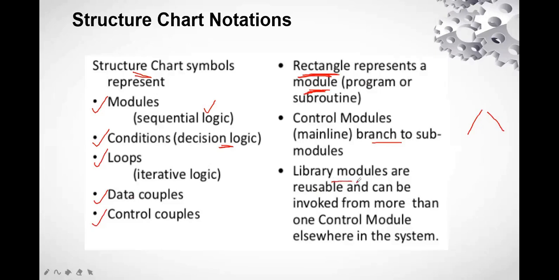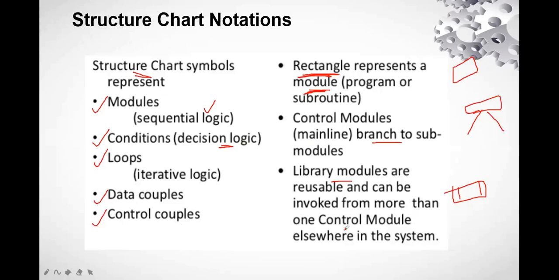Library modules are the modules which are reusable and they can be invoked. And these modules are shown as rectangular boxes with double lines on the sides. So this will tell you a specific module, a general module. This is the control module, how they invoke or talk to each other, and this is the library module, right?